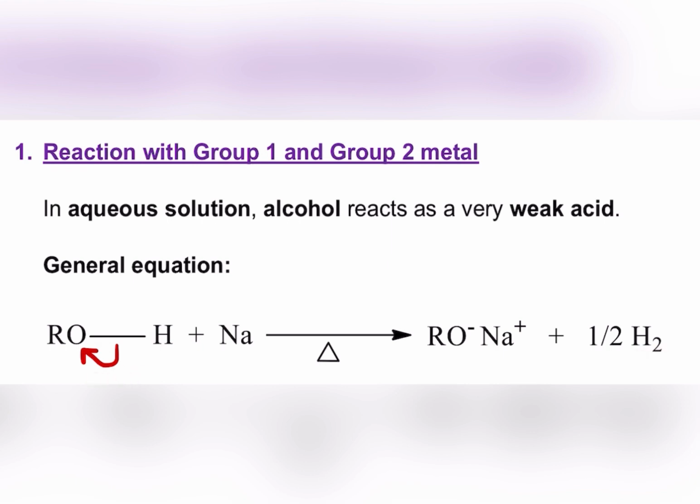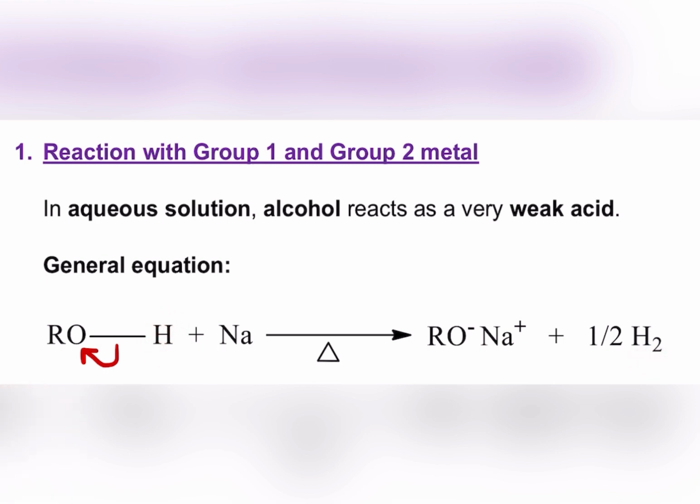What's next? We are going to balance your reaction on both sides. You can see that all of this is already balanced for alkyl, oxygen atom, and sodium atom. But the one that is not balanced yet is that we have one hydrogen here and two hydrogens here.